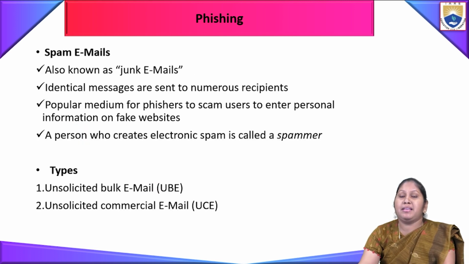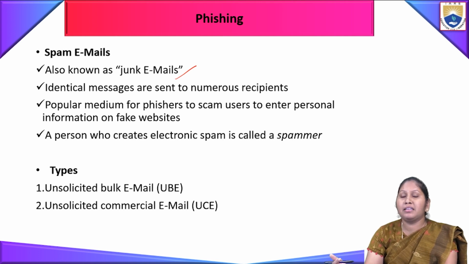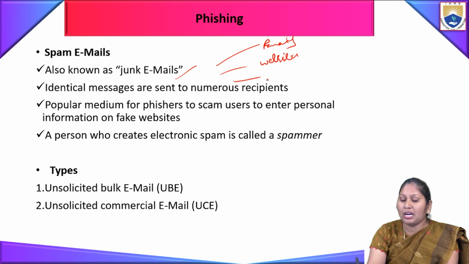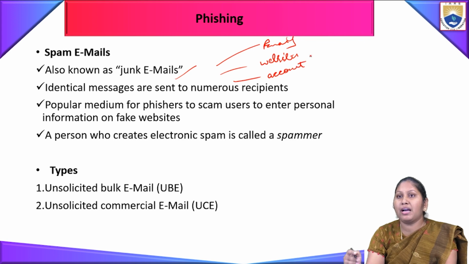And next one, spam emails. So what are spam emails? They're also known as junk emails. Junk emails are emails that come from different origins without any subscription or without us giving our details. It may be through emails or through any websites or accounts, without any intention on our part.